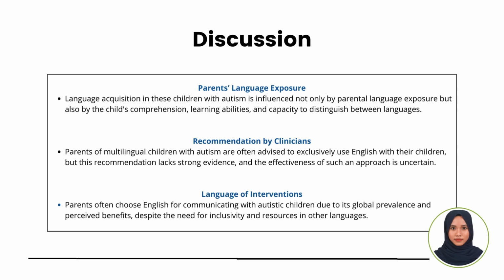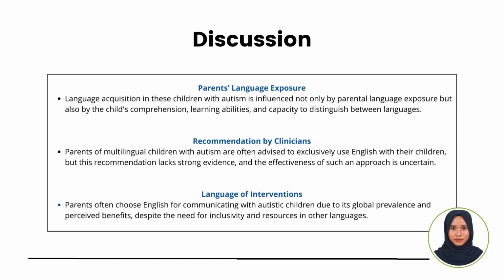Gilhubert, Rolston, and Gailey in 2021 found that children with autism can use language switching in their communication. So this means that their language skills depend not just on what the parents speak, but also on the child's understanding and their own ability to differentiate between these languages.